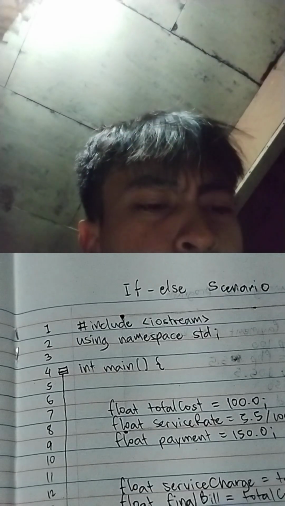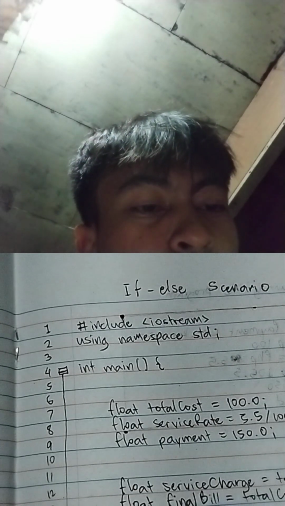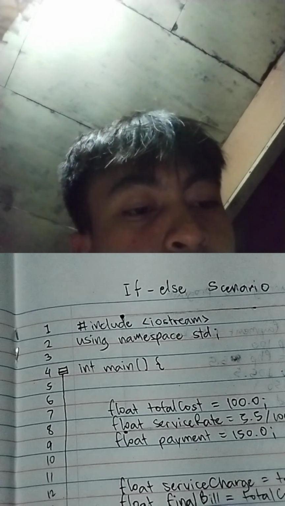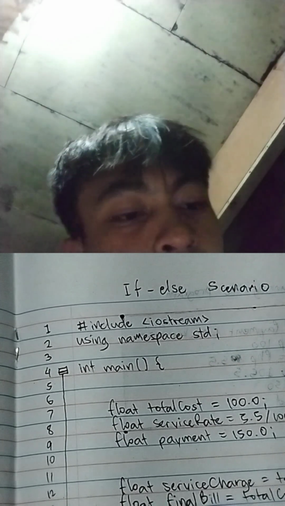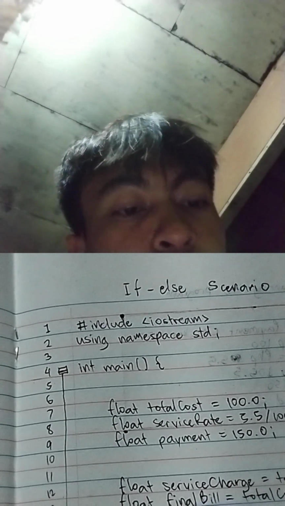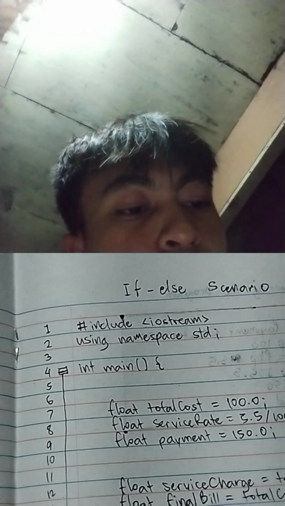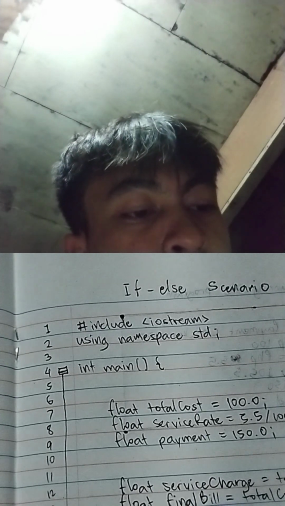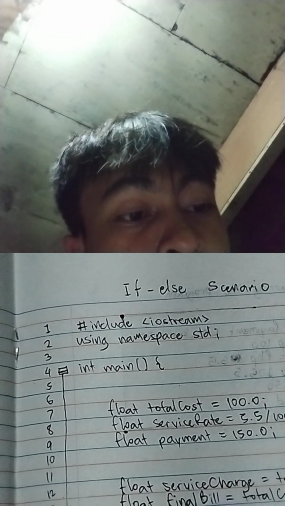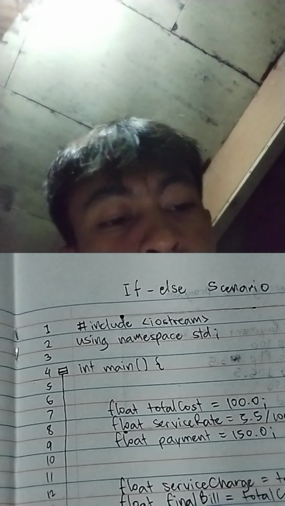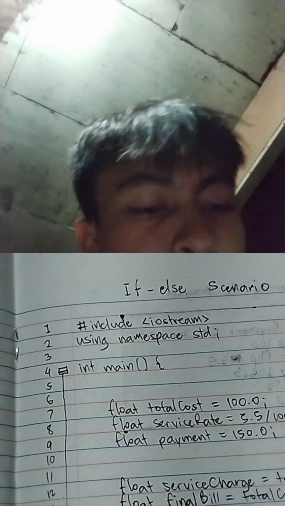What is the purpose of multiplying the total cost by 0.055? The value 0.055 represents the decimal form of 5.5%. Multiplying the total cost by 0.055 calculates the exact service charge amount, which is 5.5 peso.